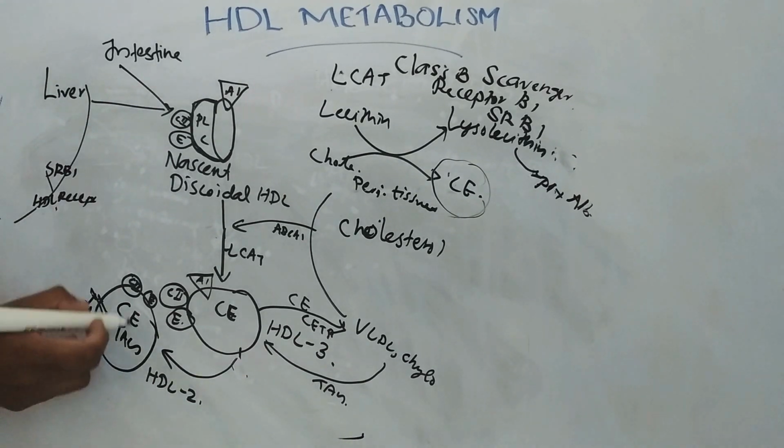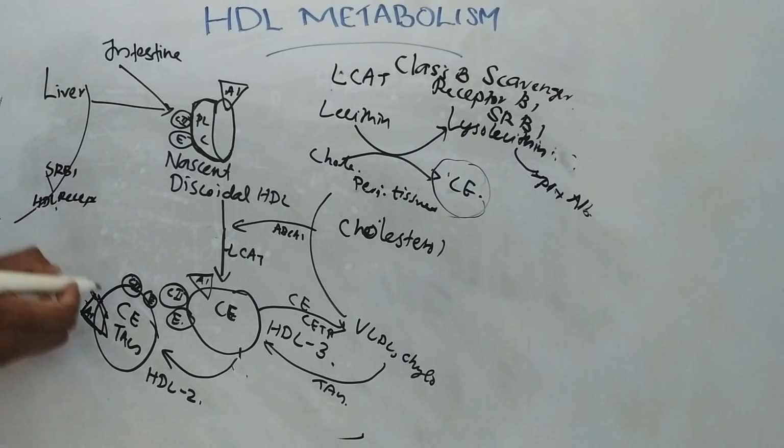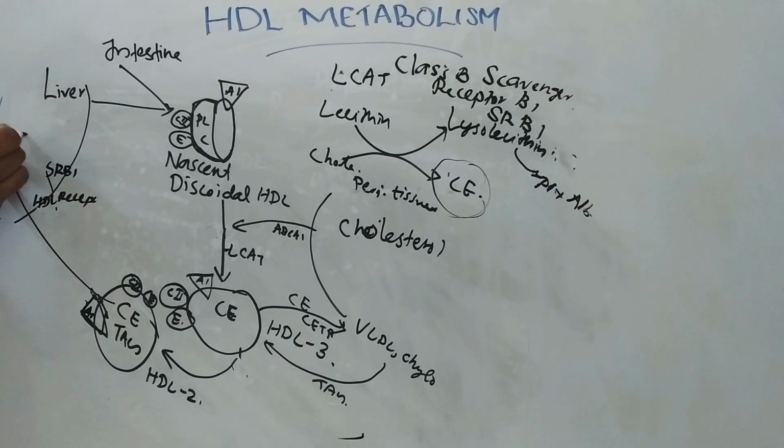By this, cholesterol ester enters the liver for excretion through bile, either as cholesterol or after conversion to bile acids.